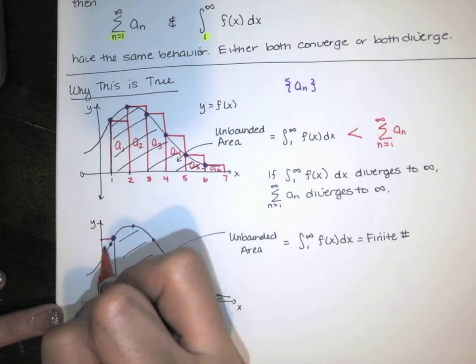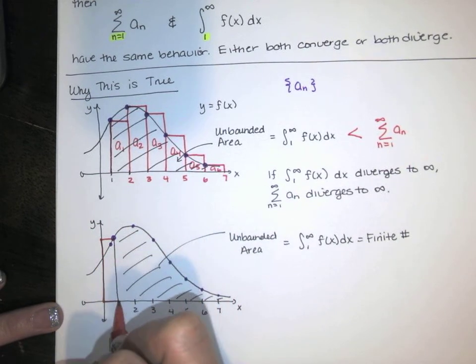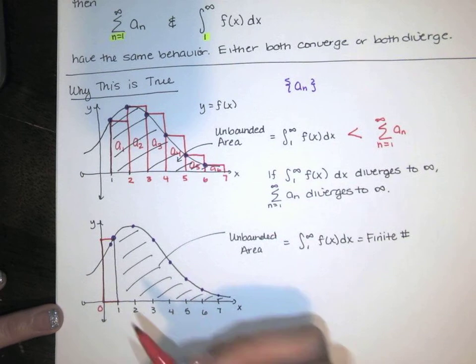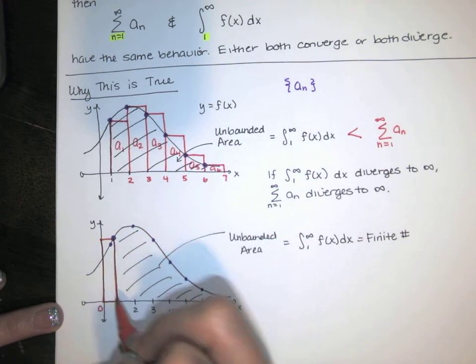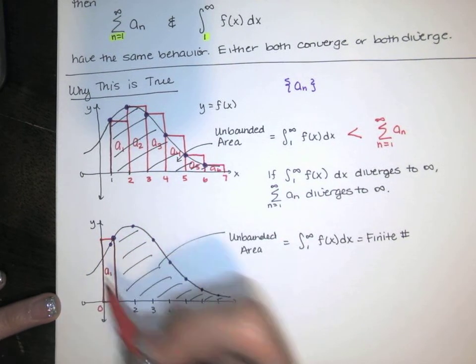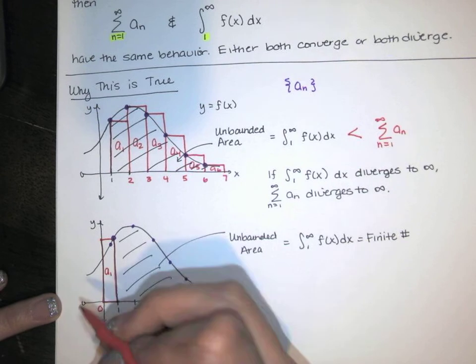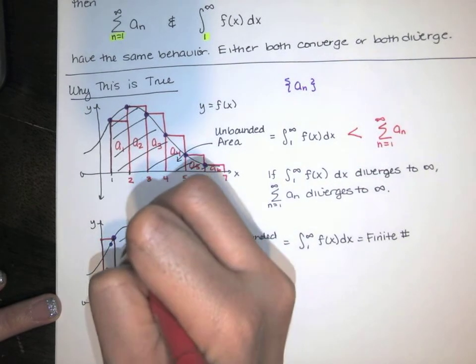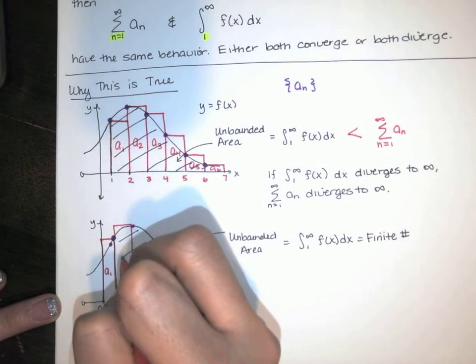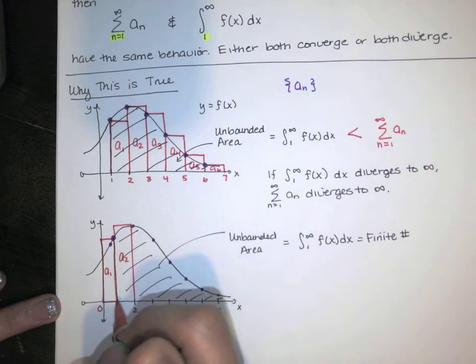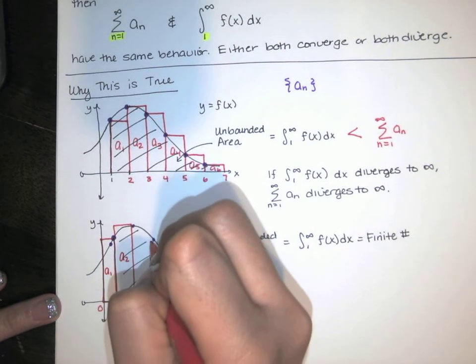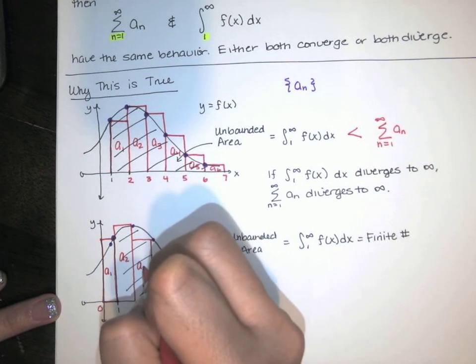So I'm going to draw a rectangle over here on the interval from 0 to 1 that has a height of a sub 1 and a width of 1. This one has a height of a sub 2 and a width of 1. Height of a sub 3 and a width of 1.